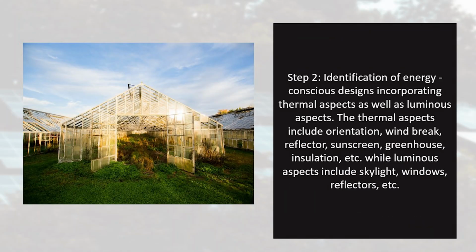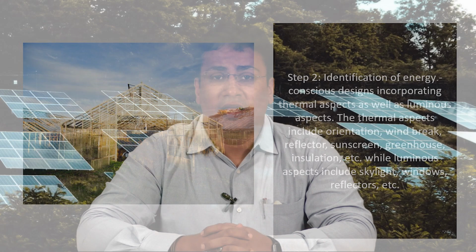These are step 1. If I talk about step 2, then all these points must be incorporated: the orientation, windbreak, reflector, sunscreen, greenhouse, insulation, as well as windows, reflector and skylight. This is the energy conscious design. This is step 2.